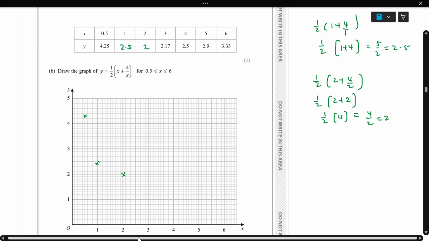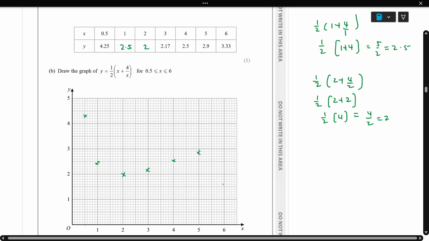Next, 3 and 2.17. 3 and 2.17 approximately is here. Next, 4 and 2.5 is here. Then 5 and 2.9 is supposed to be somewhere here.